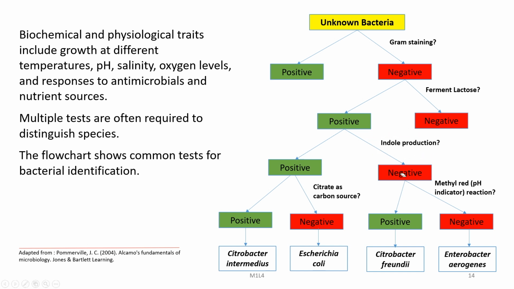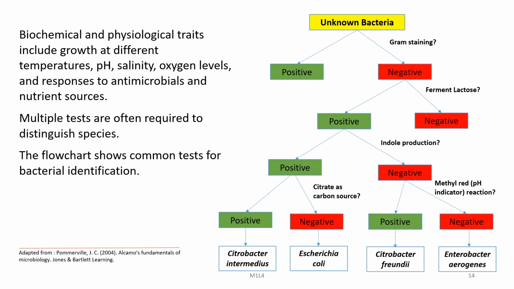If the answer is no, then we will try to see whether it gives any kind of methyl red pH indication reaction, and if it is positive, we can tell that it is Citrobacter, or if it is negative, we may tell that it is Enterobacter.